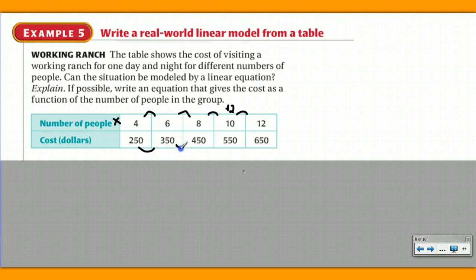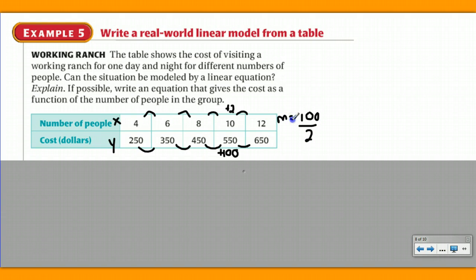What is the change in the range? And do you see that? The change is +100, right? So we know that the change in the y is 100 over the change in the x, which is 2, is going to give us what? That's right, it gives us slope.